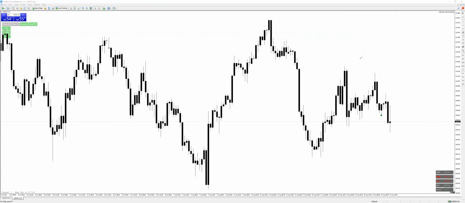So we have a resistance, or supply, whatever you want to call it, and a support. If price comes up to this area, and on the left side we had a resistance, it has a chance, everything is based on chance, of the price coming down.